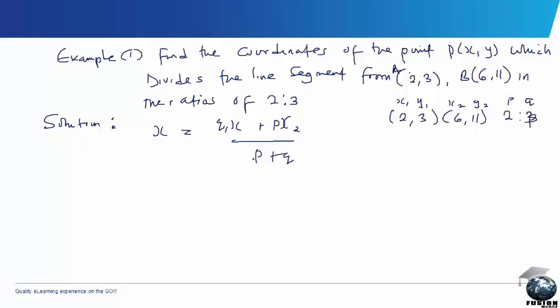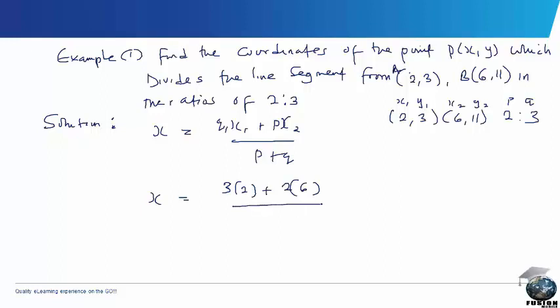And so we go ahead. Okay, so that means x will be equal to, q is equal to 3, x1 is equal to 2, and then p is equal to 2, x2 is equal to 6.